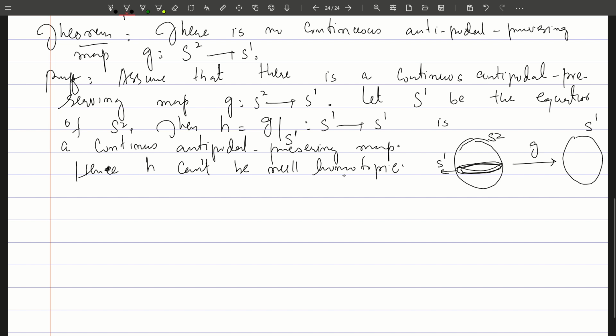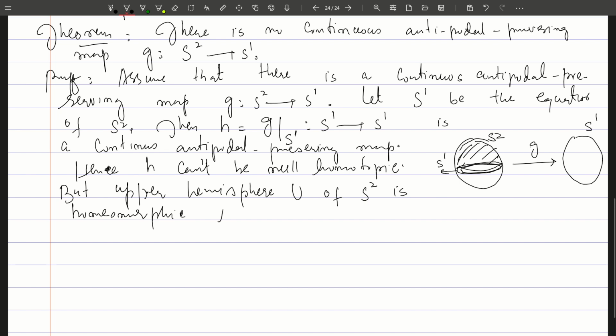But the upper hemisphere, let us call it U, of S2 is homeomorphic to the ball B2.